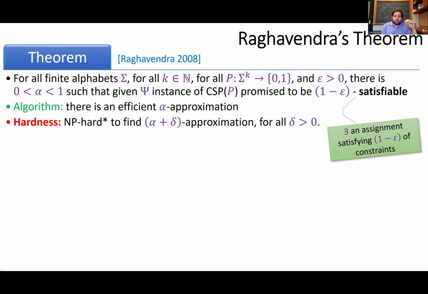And moreover, alpha is the best you can do. Namely, if you try to get alpha plus delta approximation for some positive delta, then this is already NP-hard.